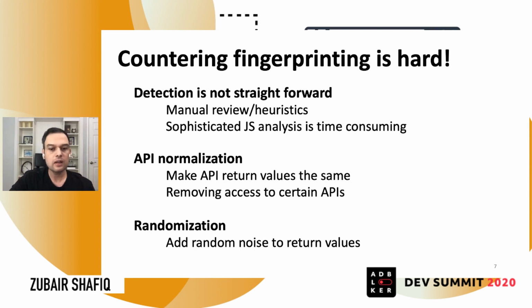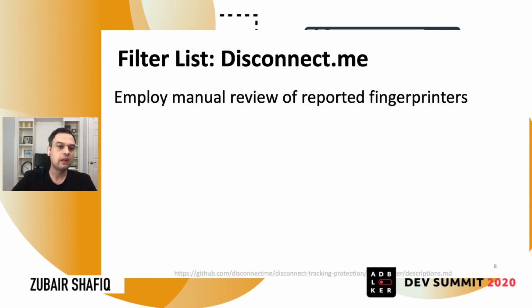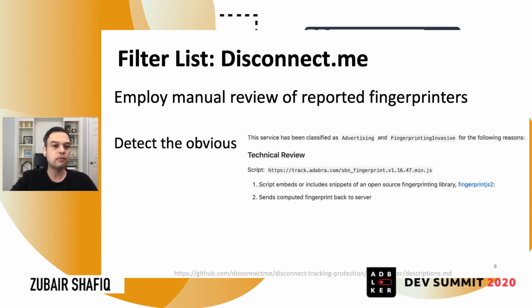Let me talk a little bit about what is the state of practice in ad and tracker blocking tools. Filter lists such as Disconnect actually include a special category for fingerprinters. And what Disconnect does is employ a manual review of reported fingerprinters. They look at each reported fingerprinting script.